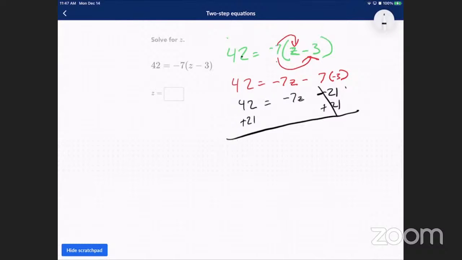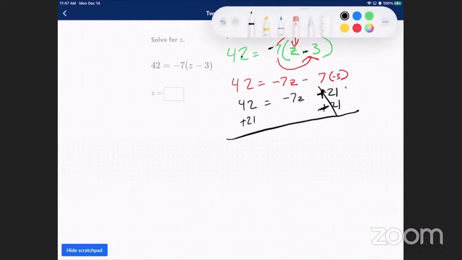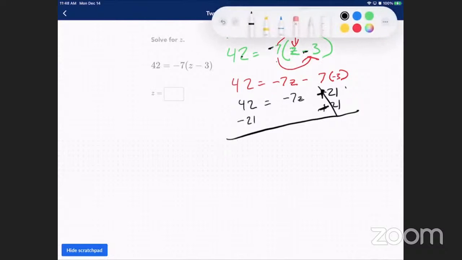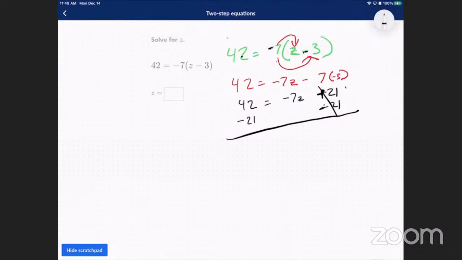Wait, oh, see, there we go. I forgot. This -7 leaves us with a +21, which would bring us to a negative here. Yeah, I felt like that was weird. So this would be a negative. Okay. And that would lead to that.